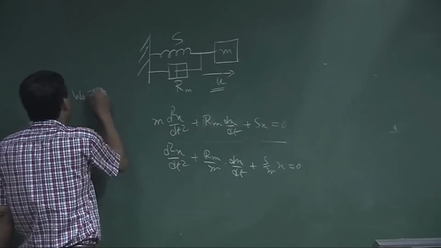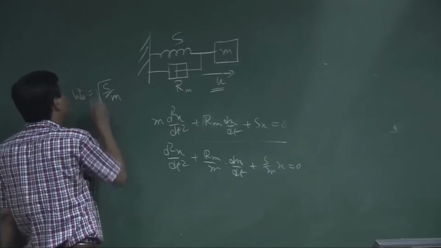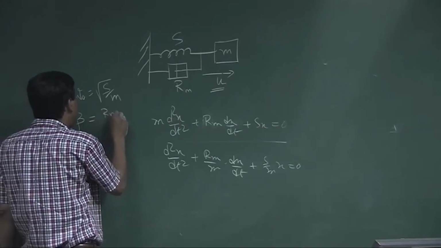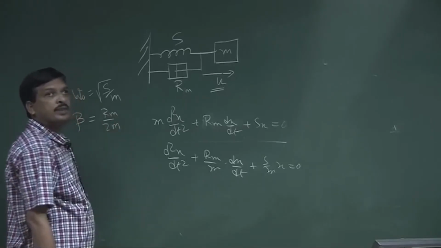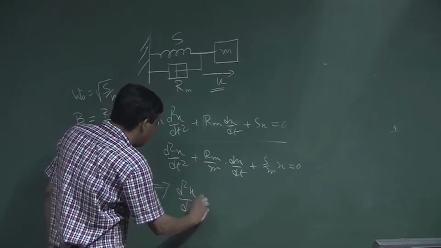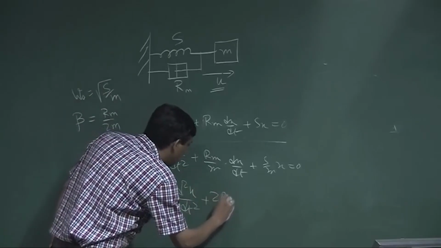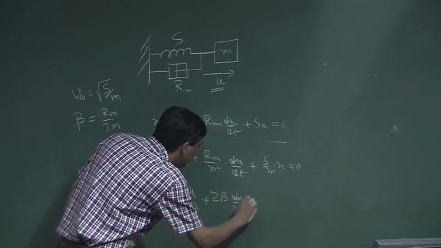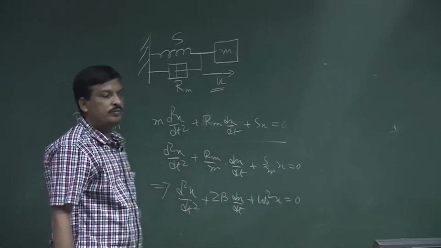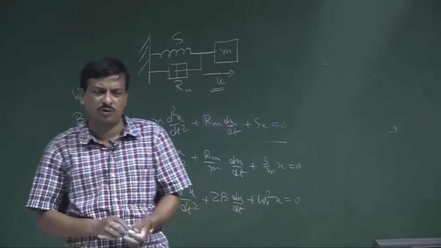Let omega 0 be the root of s by m, or s by m is omega 0 square, and beta, another constant, is Rm by 2m. If I consider this, then the equation becomes d2x by dt square plus 2 beta dx by dt plus omega 0 square x is equal to 0. I just reduced m and put some constants.